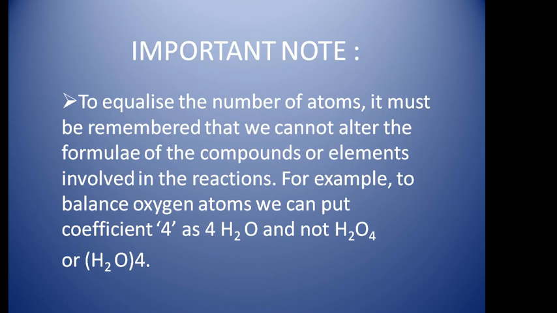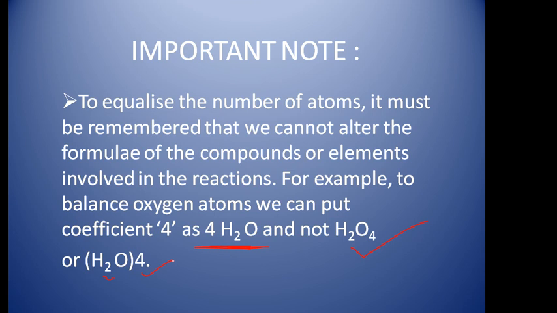Now, important note, very important note. Initially we told you that we cannot change anything inside the box, that means inside the molecular formula. You are writing 4H2. You cannot multiply this. You cannot write simply 4 multiplying this oxygen, like H2O4, or H8 and O4, or H2O and then this 4.